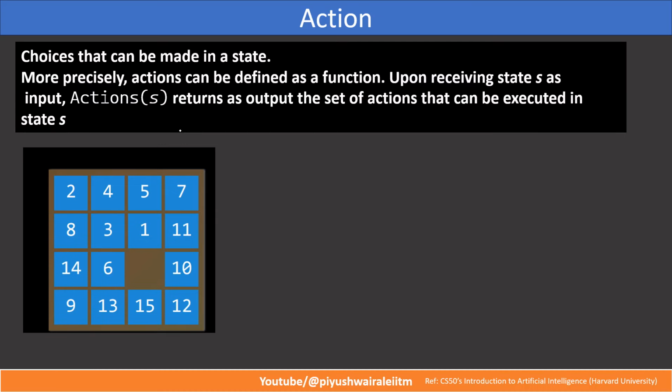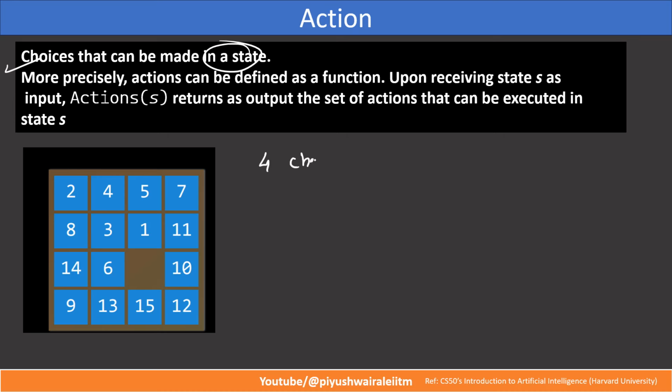Now, what is an action? When the AI algorithm knows this is my initial state, and from this state I need to start my searching, what are the possible actions that the AI can take? These are the choices that can be made in a particular state. For example, the AI has four choices.